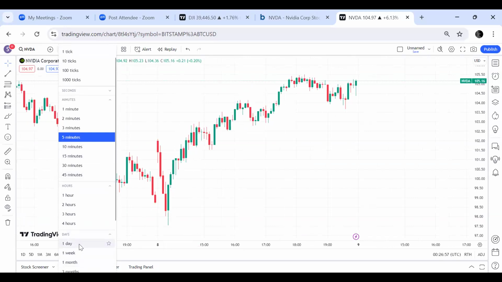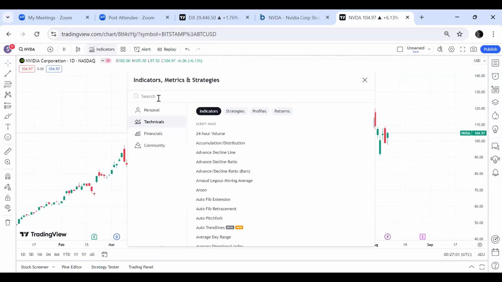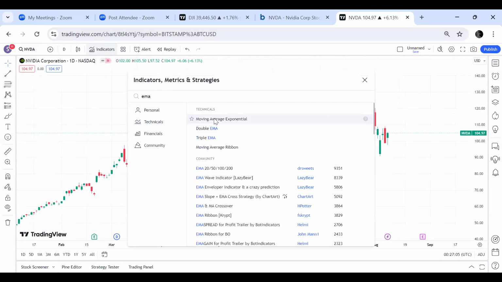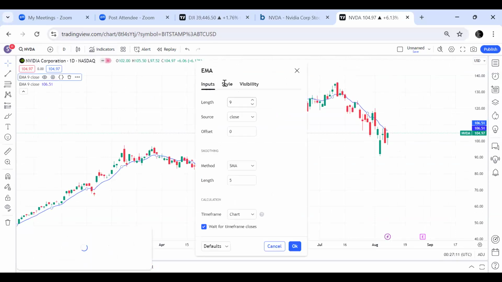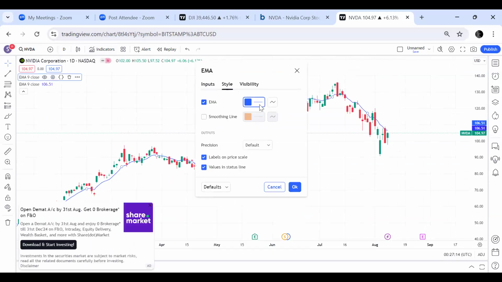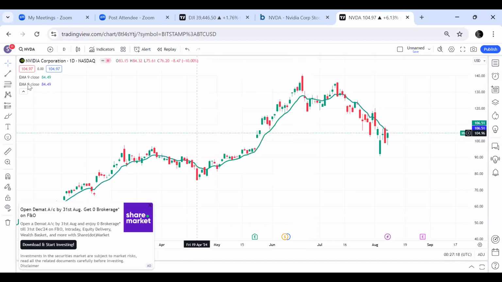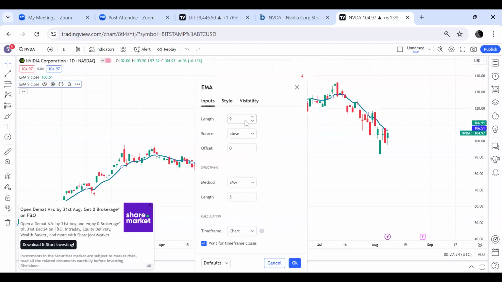At present I'm keeping a daily time frame and I'm taking two different EMAs. One is 9 and the other one is 50.